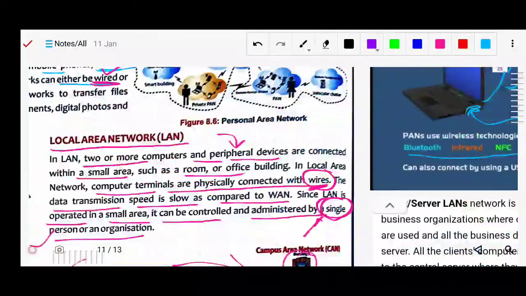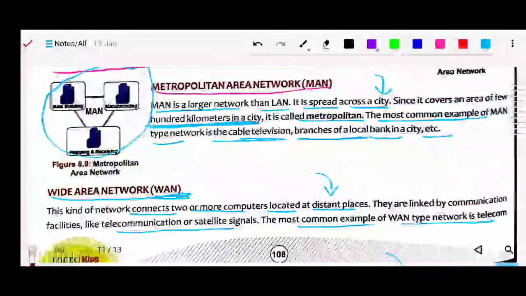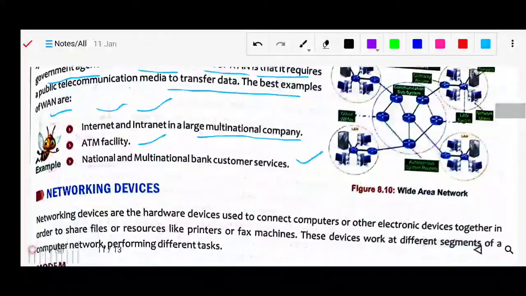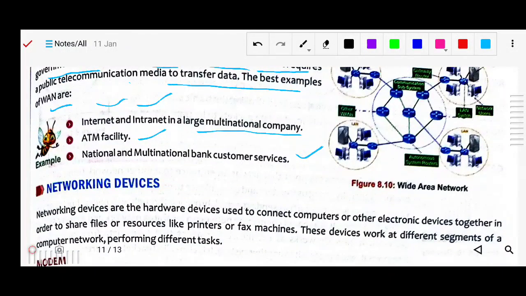Here you can see one more thing. Internet and intranet, there are two words. So what is the internet? It is a network of networks of computers that are connected globally. But what is the intranet?